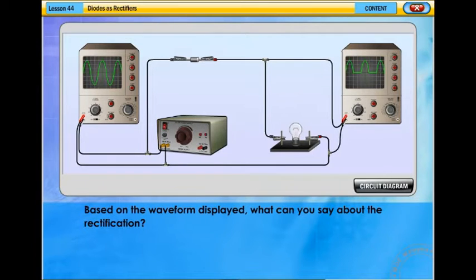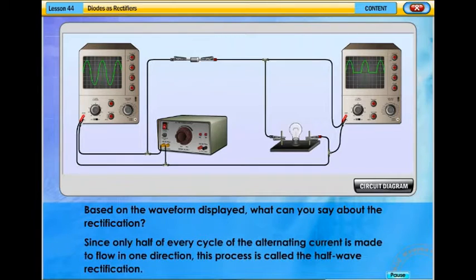Based on the waveform displayed, what can you say about the rectification? Since only half of every cycle of the alternating current is made to flow in one direction, this process is called half-wave rectification.